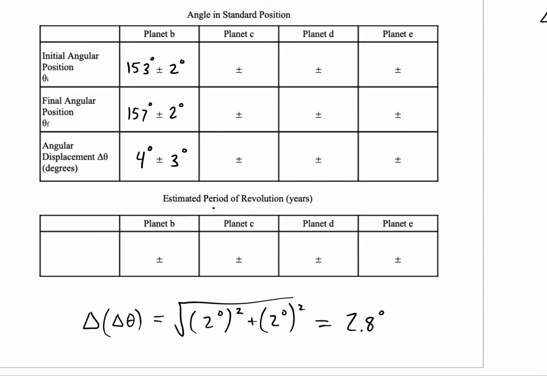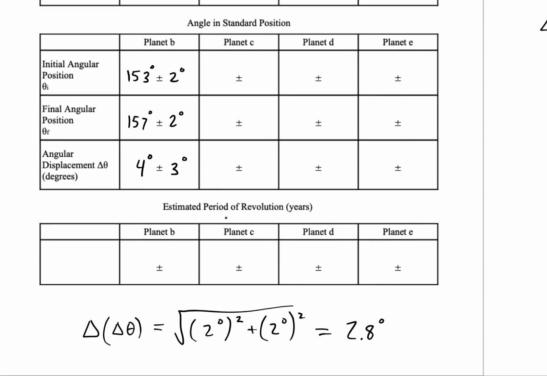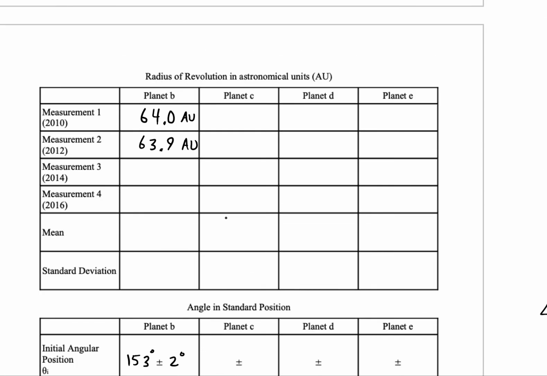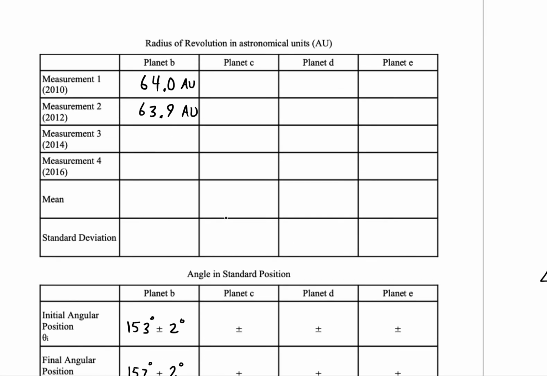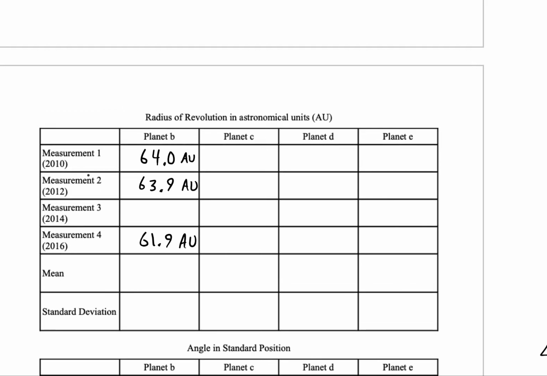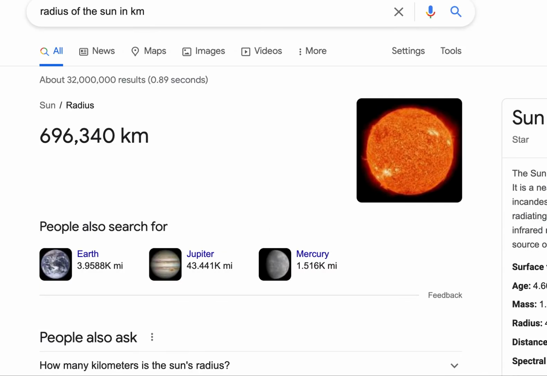And we want our estimated period of revolution now. Okay, so that's a little trickier. Let me get the other values for this so that we can do the standard deviation and all that. Alright, so I would go to a standard deviation calculator and just get the mean and standard deviation of those 4 measurements.